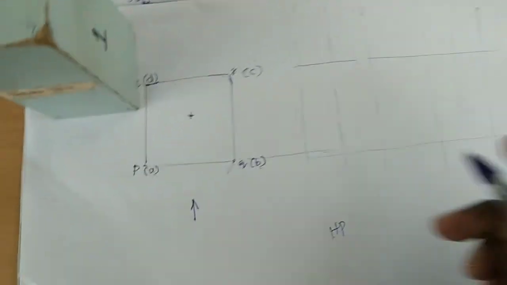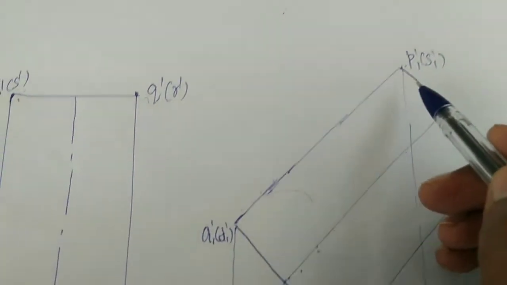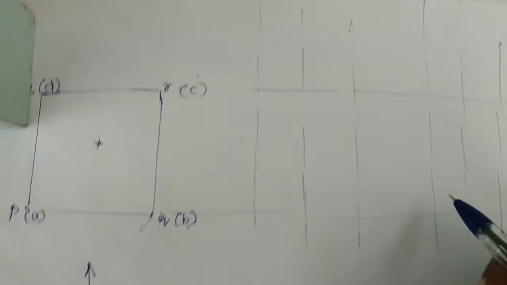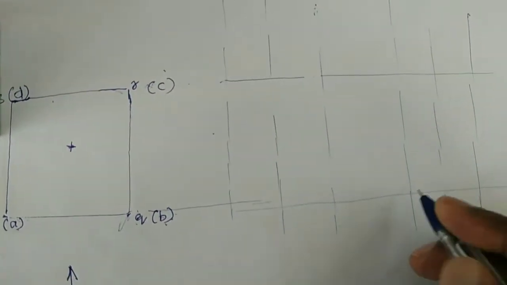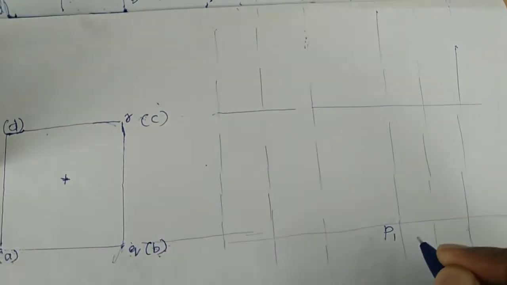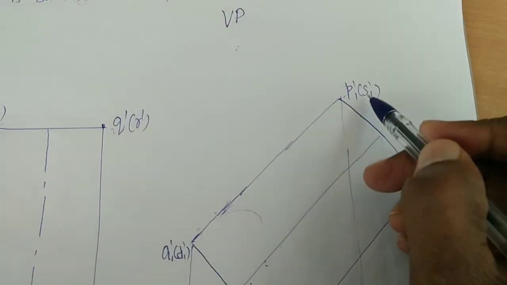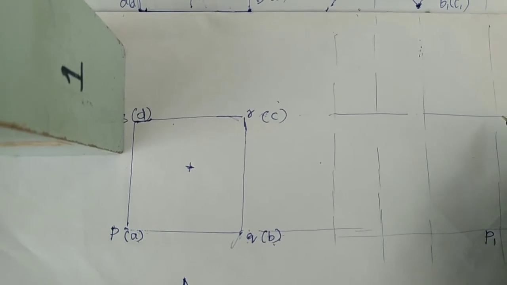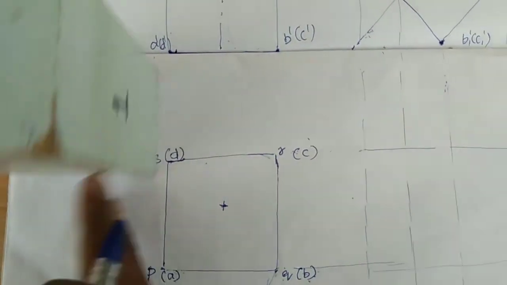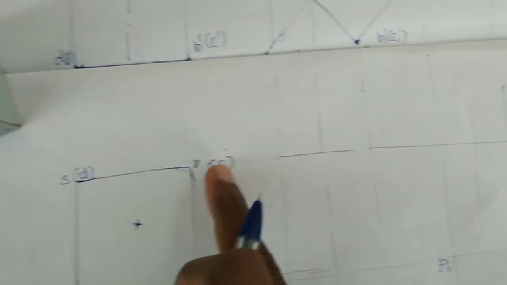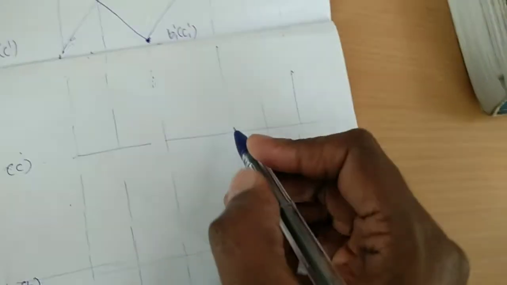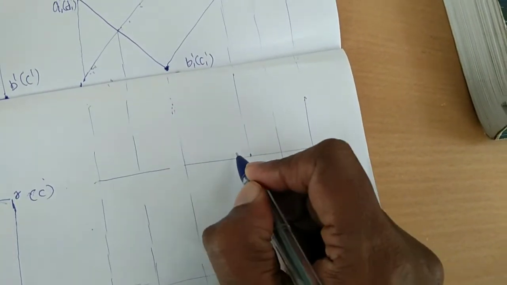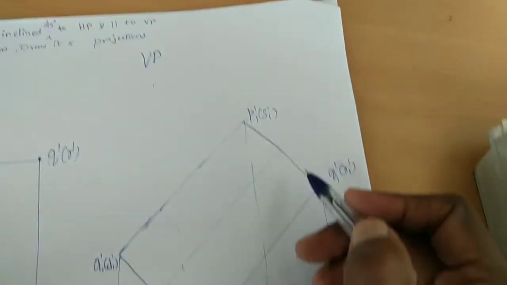First you draw the top view portion, the reduced square P1, Q1, R1, S1.